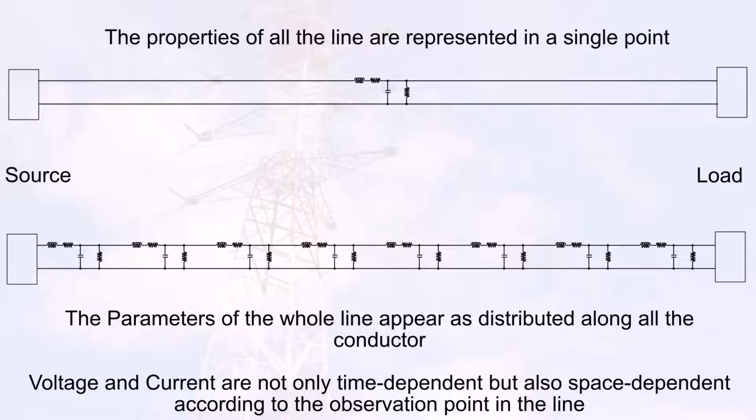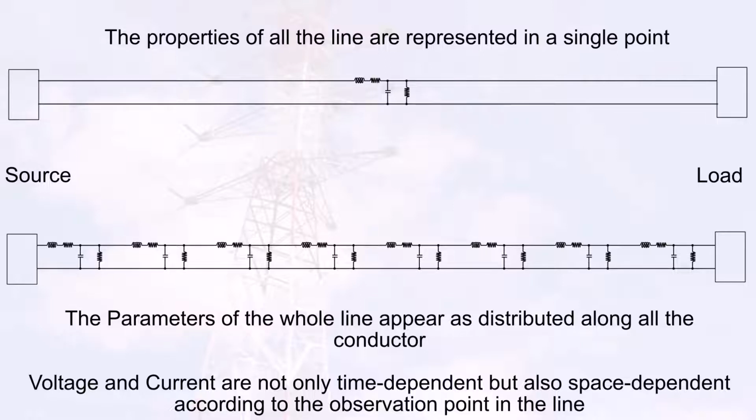So it doesn't matter where we measure with our multimeter or measuring device. The only variation that we could see in this kind of model using a simulation tool would be a variation in time.